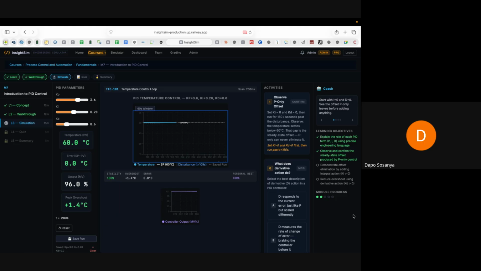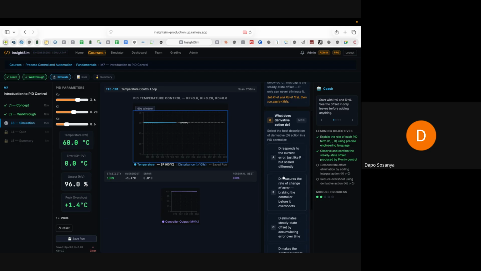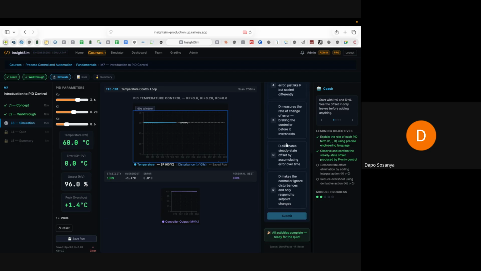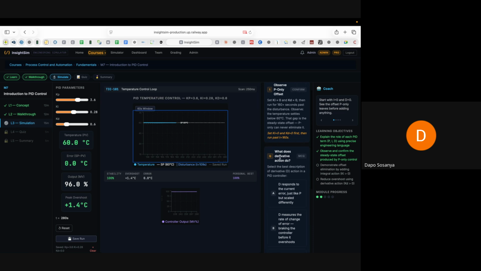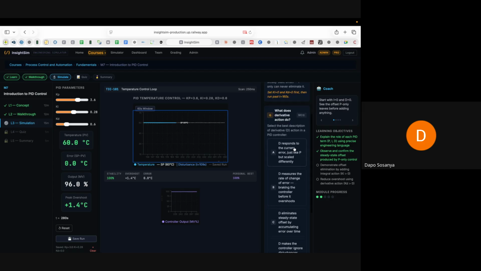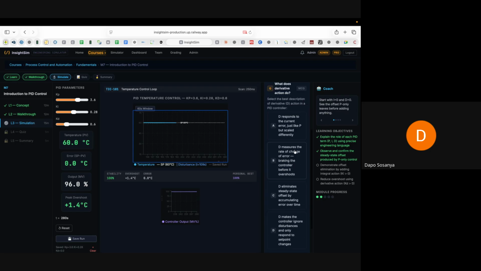The next thing here, we need to answer these questions. What does derivative action do? Select the best description of derivative action in a PID. A: D responds to the current error, just like P, but scaled differently. B: D measures the rate of change of error, braking the controller before it overshoots.